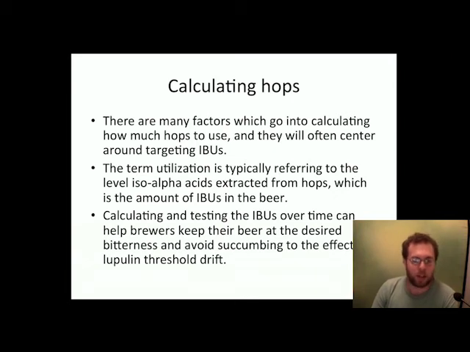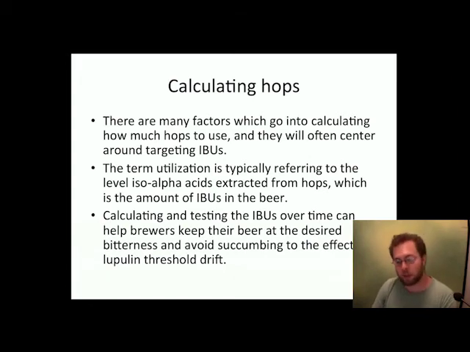So calculating and testing the IBUs over time can help you achieve your desired bitterness and keep your beer consistent over time. And if your beer is losing consistency, if your mouth is interpreting things differently than it used to, you become more accustomed to hops and bitterness and lupulin and so on.